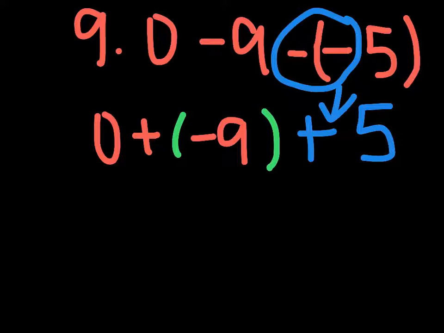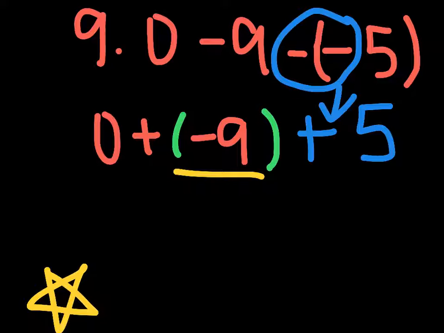So now, we look and we see negative, okay? But we also see positive, so we don't know for sure if it's going to be a negative number or not, okay? So, let's look. 0 plus negative 9 is negative 9 because we didn't take anything away, we didn't add anything, okay? So negative 9 plus 5, right?